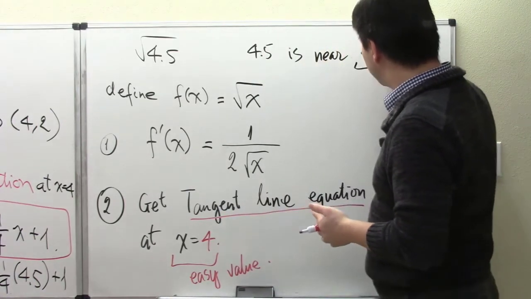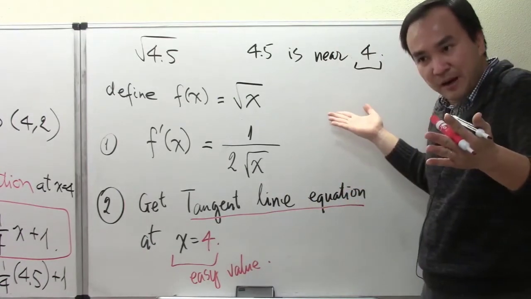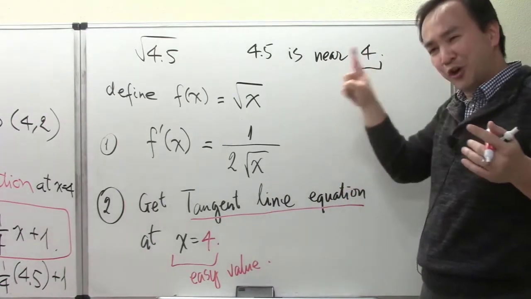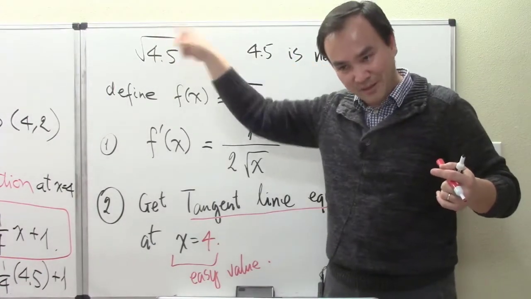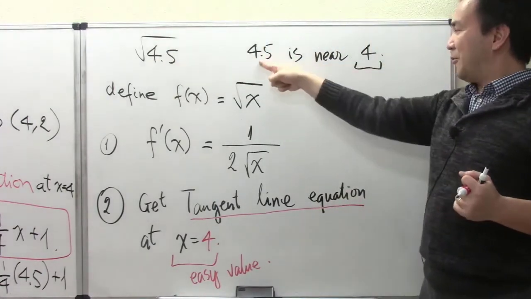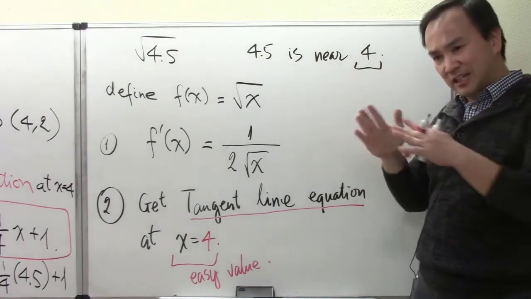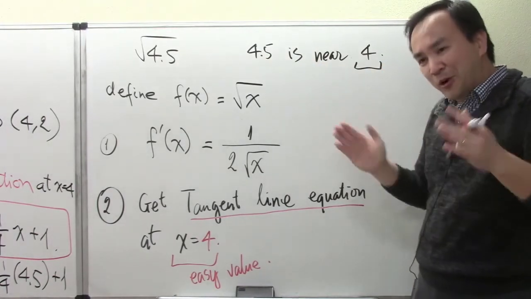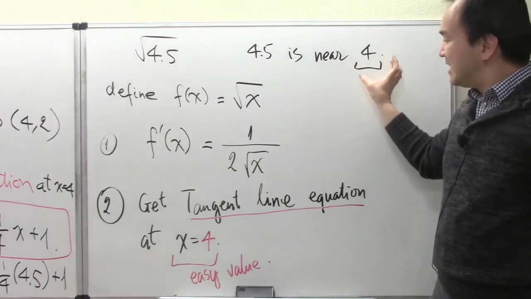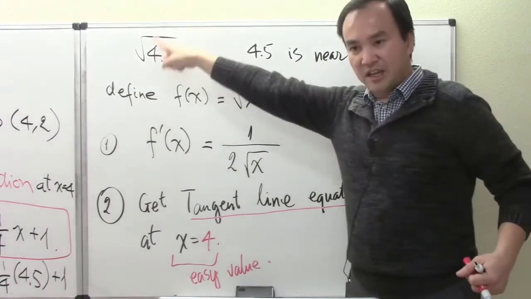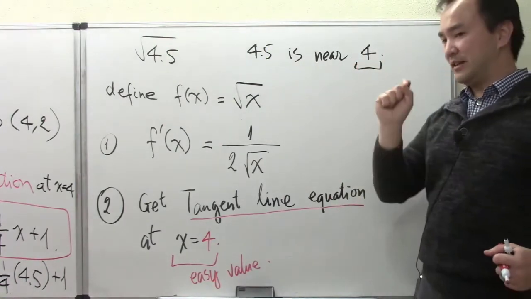And there are so many values nearby, you have to keep that in mind, but we purposely chose a nearby value that's easy under this operation. So 4.5 is near 4, it's near 3, it's near 4.01, it's near 4.1. But we chose 4 simply because 4 is near, and being near and easy inside of that operation.